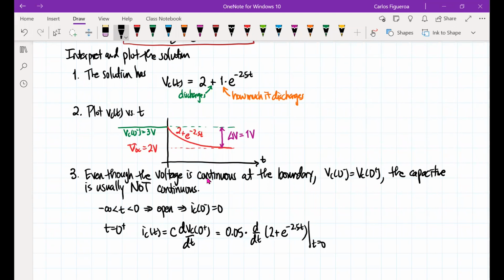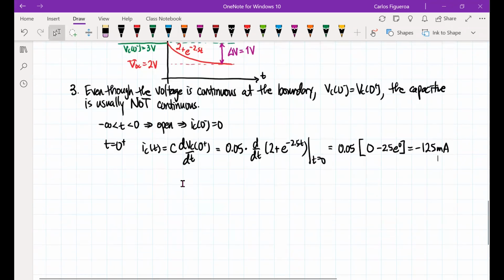When you compute that, I get 0.05. I take the derivative of the 2, that's 0. I take the derivative of the exponential, so I get minus 2.5 times e to the 0. And so this gives me minus 125 milliamps.